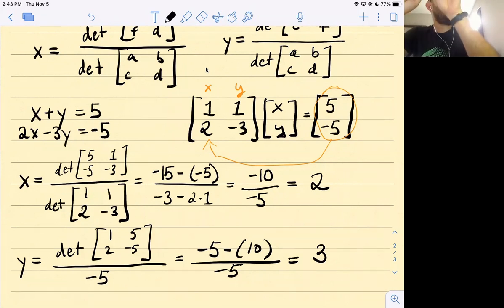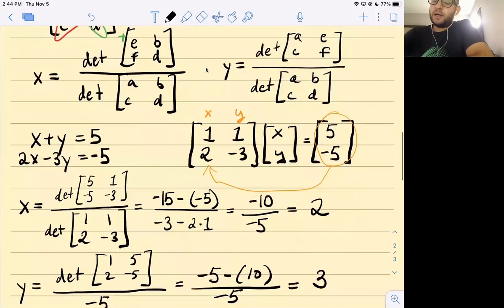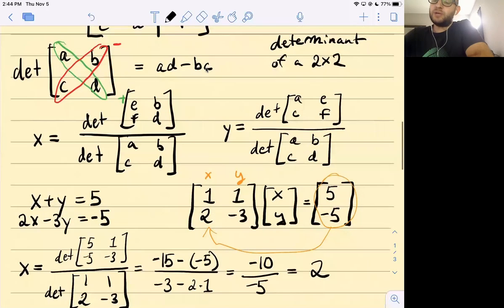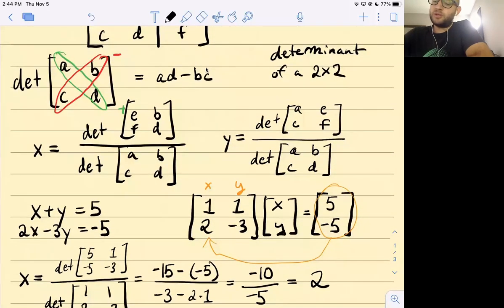Emily, did you have any questions, any part where you were a little bit confused that I could address? Okay, what does determinant mean exactly? So for now, I would say the determinant of a matrix is this formula. For a 2x2 matrix, it's this.